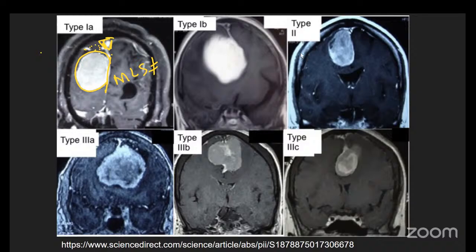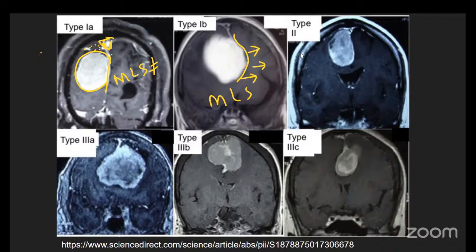Yes. Then we have type 1B. For type 1B, we have midline shift, or at least the falx is being pushed to the other side. Apart from that, I think that's it. You will see the falx being pushed towards this side.